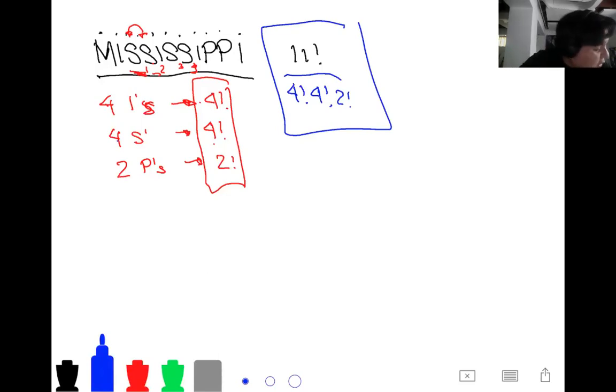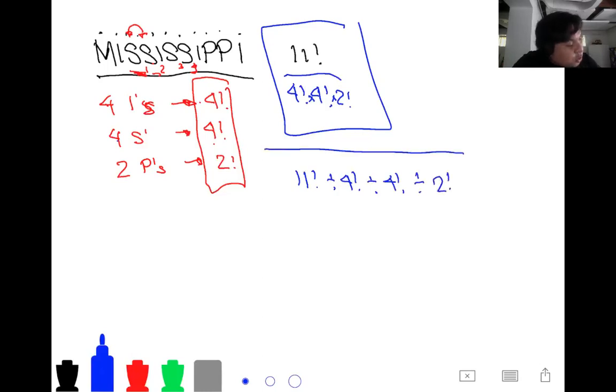Of course, these factorials at the bottom are going to be multiplied with each other. But as I mentioned, if you're going to use a non-scientific calculator, something that could not display something like this, you need to calculate it as 11 factorial, then divide by 4 factorial, divide by 4 factorial, divide by 2 factorial. So this is how you would do it in a regular scientific calculator, something that cannot do fraction notation.